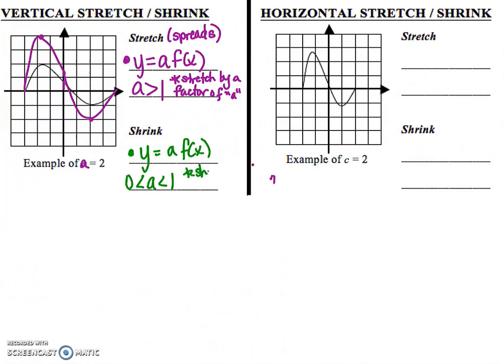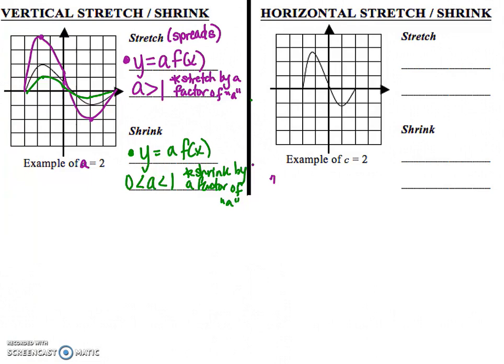And so this is what is going to cause your graph to shrink by a factor of a. So in this case, our graph would look something like that if we were showing a shrink by a factor of 1/2.